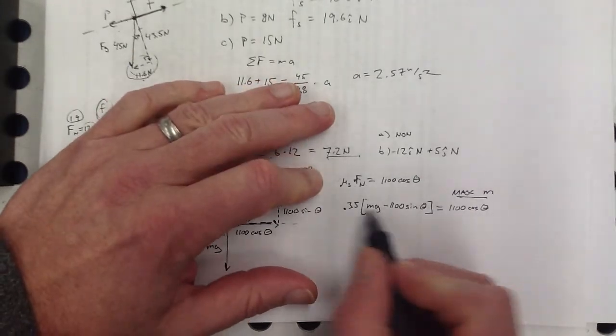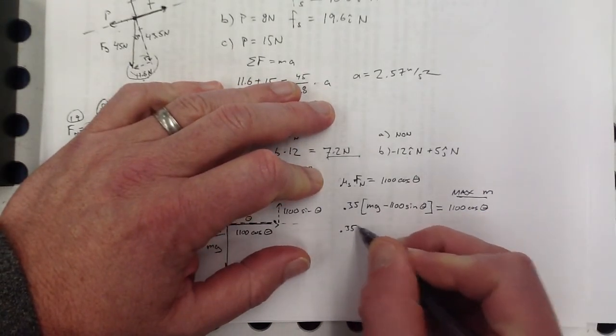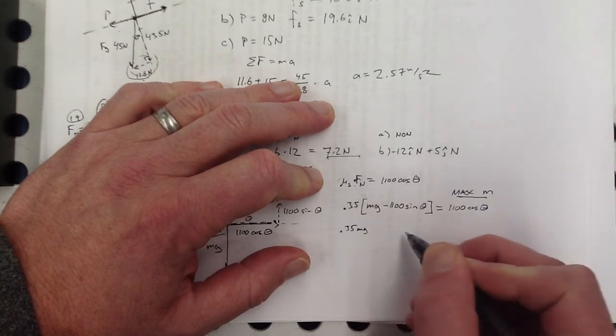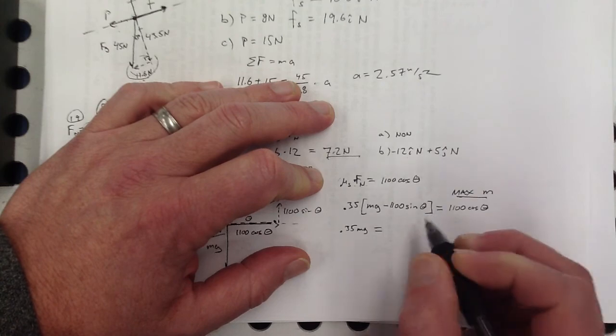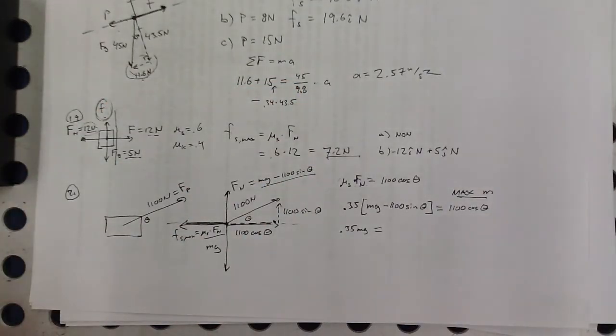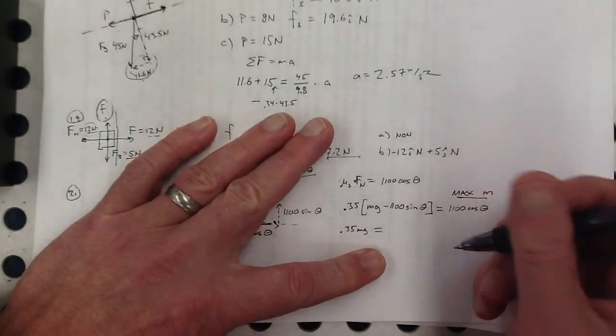Okay, let's try to solve this for m. 0.35 mg is equal to, I'm going to move that to the other side, 1100 times 0.35. If you think, oh, wait a minute, I think I know how to do this now, then you need to pause the video and watch me do it.